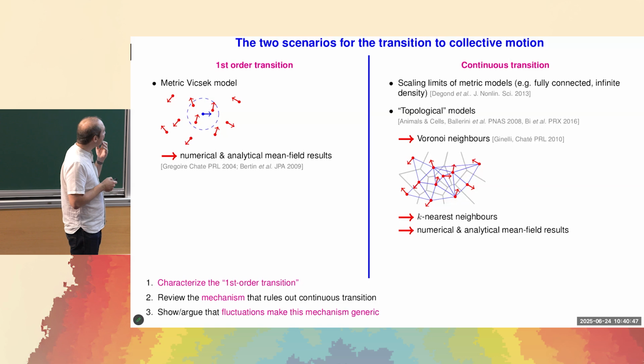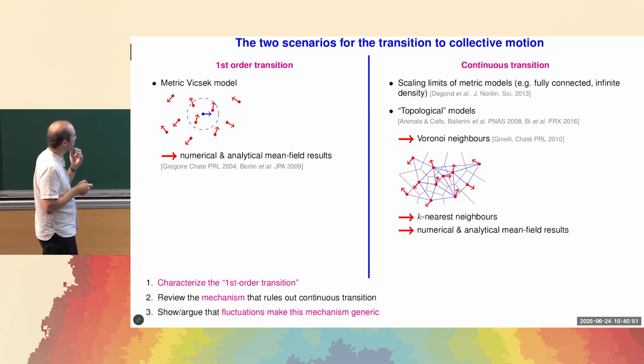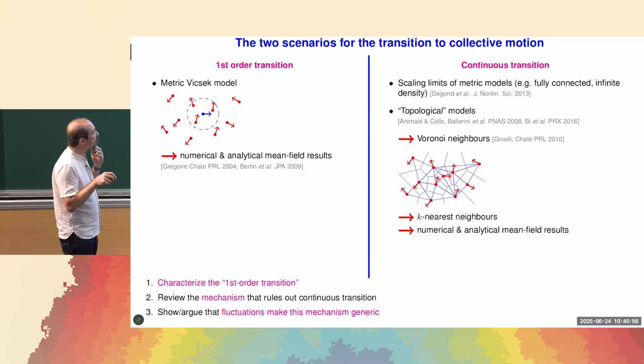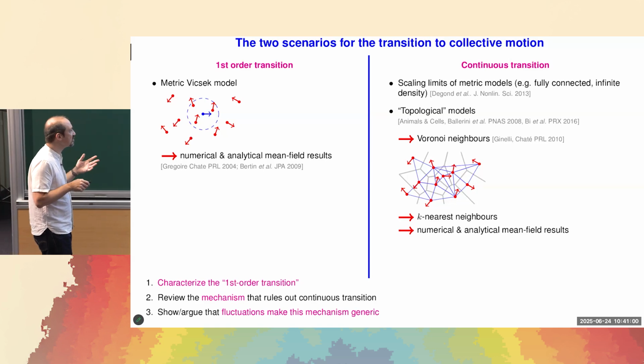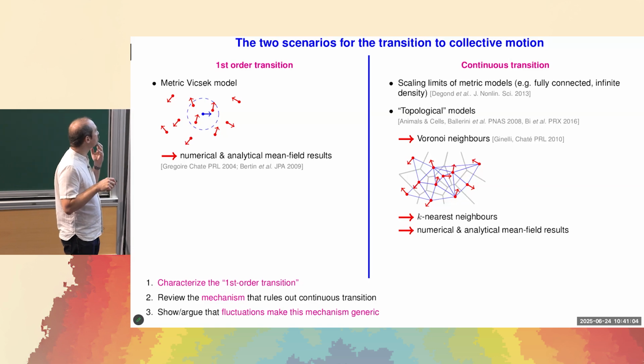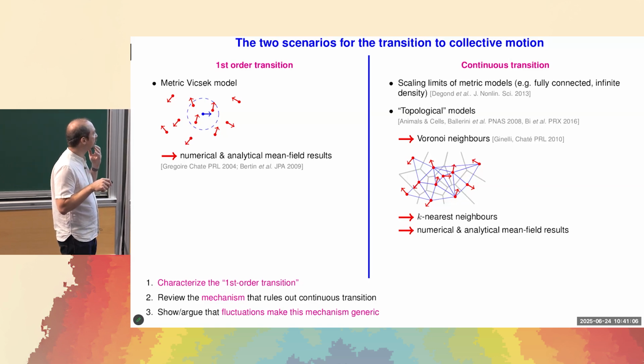What I would like to do today is characterize the first-order transition, to be a bit more precise about what I mean by that. Then I will review a mechanism that actually rules out this continuous transition, or at least says that if it exists, it is fragile. I will argue that fluctuations make the mechanism of this transition generic.